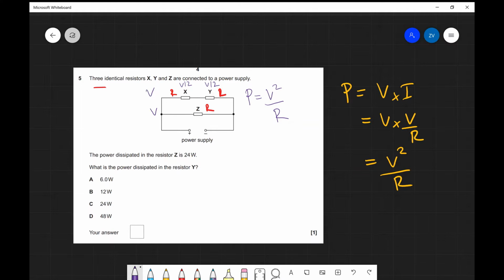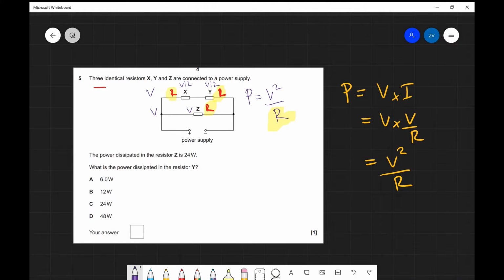Okay, well, now in this case, the resistance is the same across all 3 of those resistors. But how does the voltage across Z, which is just V because there's just one component in the circuit, compare to the voltage across Y?